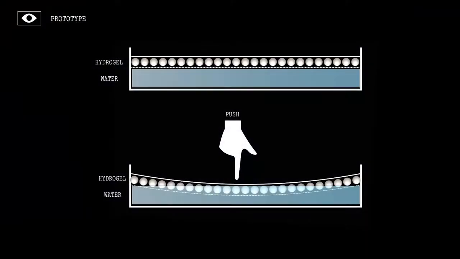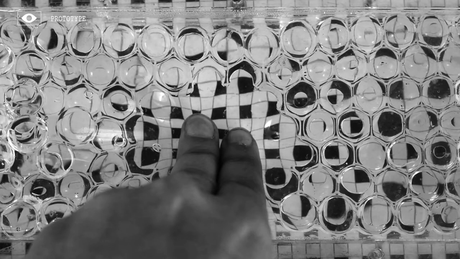Push is a prototype that changes the level of hydrogels, submerging them in water when pushed, creating a pocket of visibility amongst distortion.